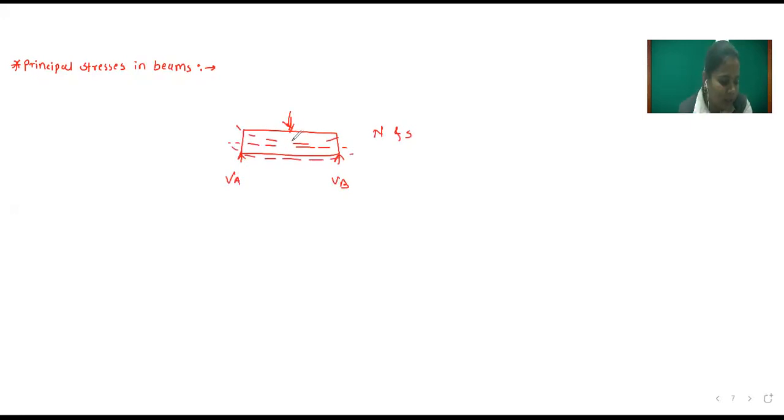So remember that if a beam is subjected to loading, normal and shear stresses will be developed in it. Now we have to see how to find these normal and shear stresses. So please write down the first sentence.